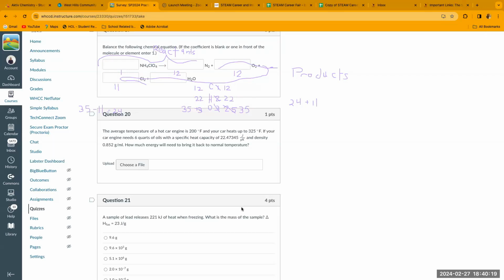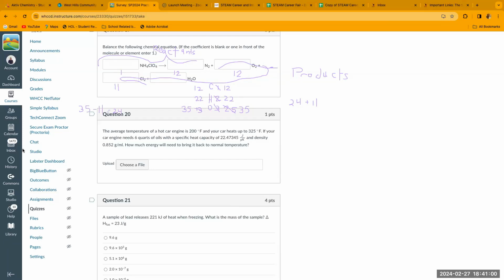If your car engine needs 6 quarts of oil with a specific heat capacity of 22.47345 joules per gram Kelvin and a density of 0.852 grams per milliliter, how much energy will you need to bring it back to normal temperature? I need to work on my grammar there.